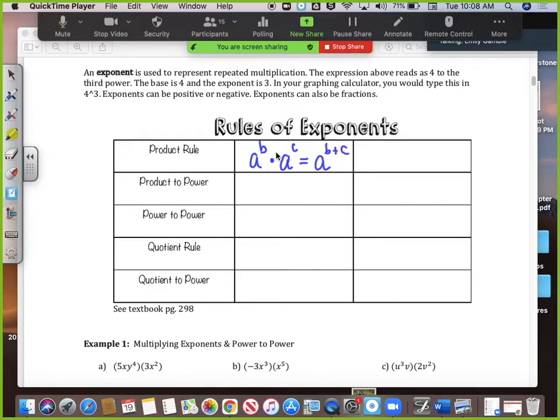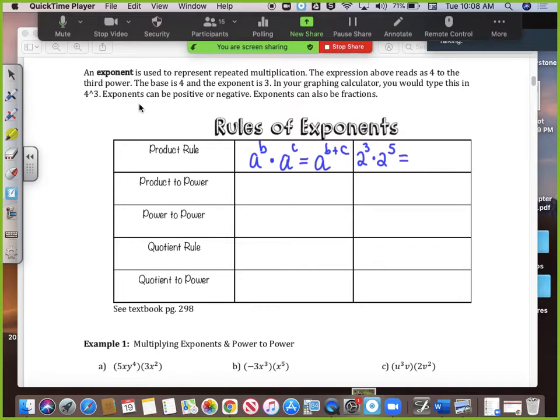A to the b power times a to the c power is the same thing as a to the b plus c power.